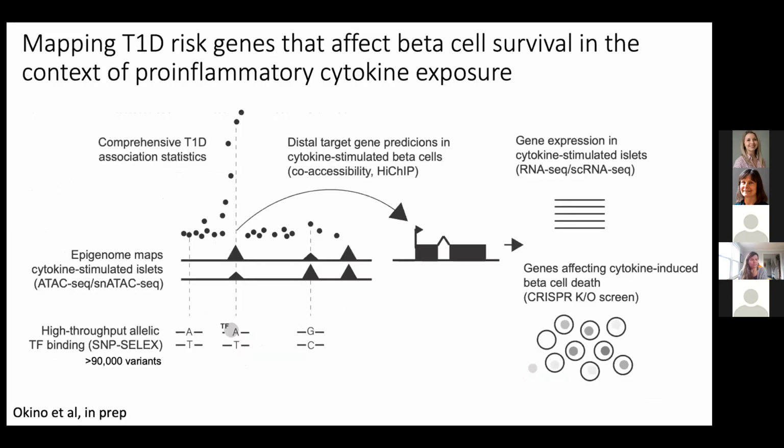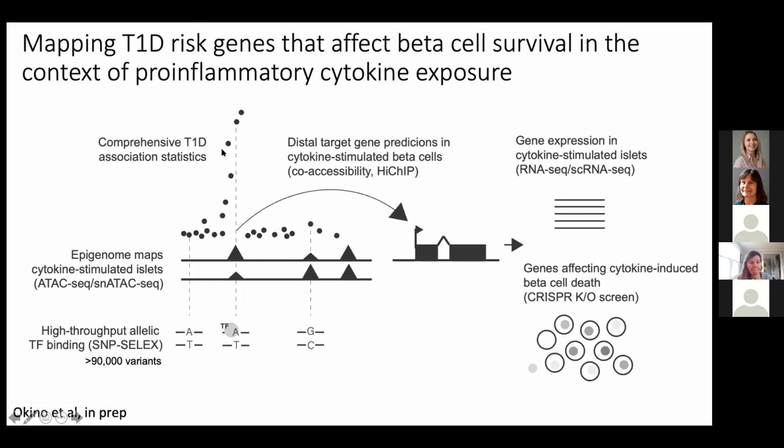So we have a study that's building on what has been already shown in previous studies, that risk variants generally are enriched in sites that respond to cytokine treatment, and trying to go beyond that to defining the genes and relevant processes that are downstream of those signals.